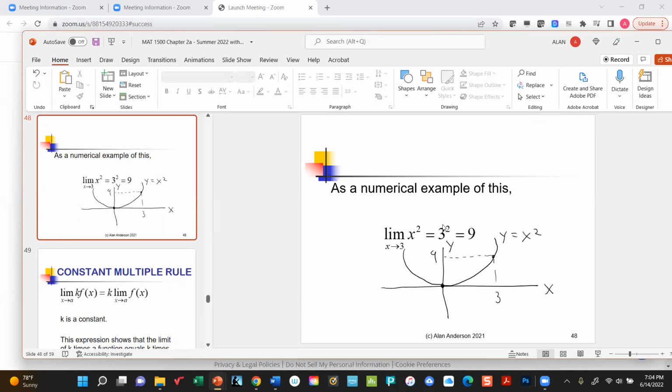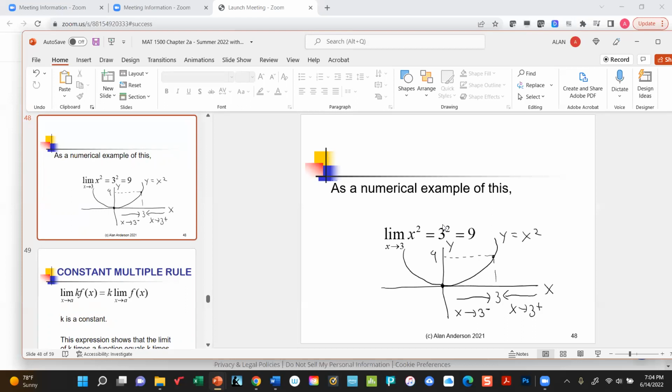The idea here is that as x approaches 3 from the smaller values, which we've already seen from yesterday, we can write this as x approaches 3 with a little negative sign to indicate that it is approaching from the left, or from smaller values. Coming from this direction, we can write x approaches 3 with a little plus sign, which means it's coming from the larger values.